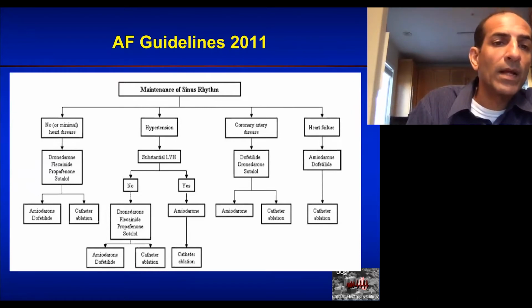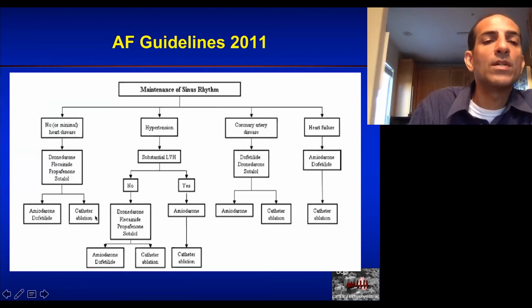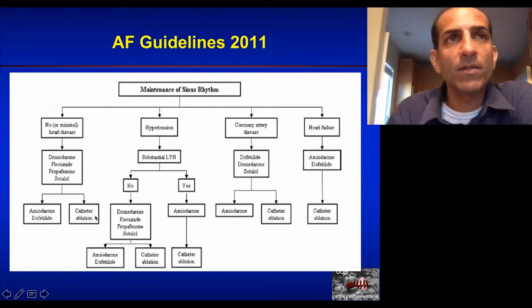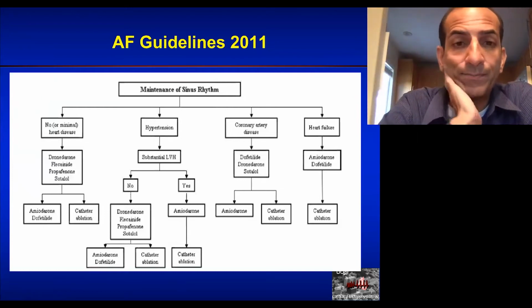And again, flecainide and propafenone are older drugs, so they are generic drugs. There might also be some form of them available. So if you fail one of these, then the second line therapy is either to go to these drugs, or you can do a procedure in these patients, which is called catheter ablation. And I'll talk more about the procedure when we address that.